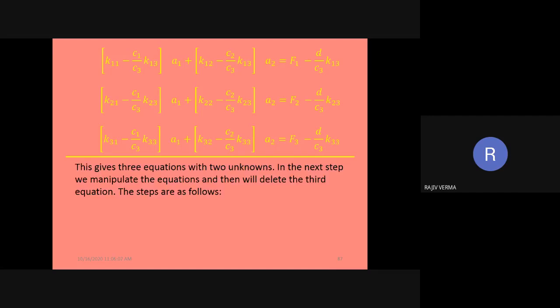This gives 3 equations with 2 unknowns. In the next step, we manipulate the equations and then we'll delete the third equation.